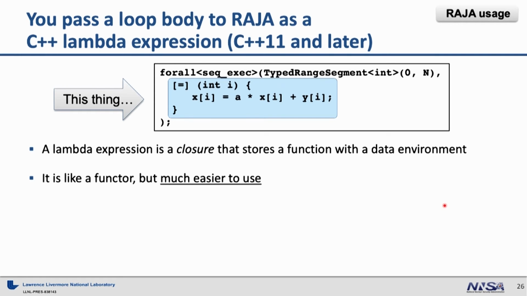The lambda part of all this is a closure, that is a function that stores a data environment for you. It's kind of like a functor, but easier to use. Under the hood, lambdas are functors. They're just instantiated at the call site, right?